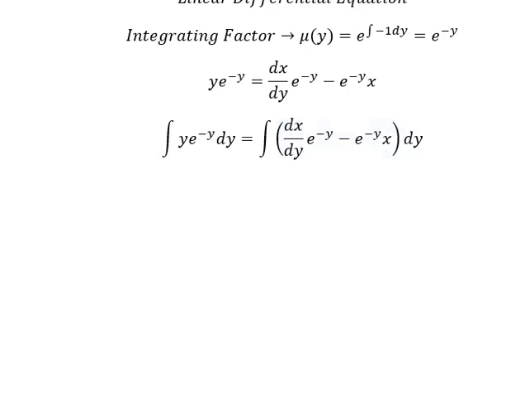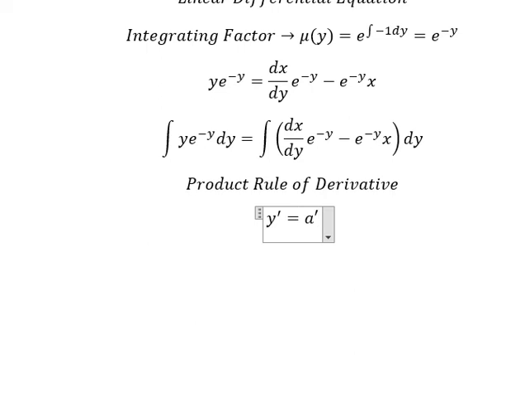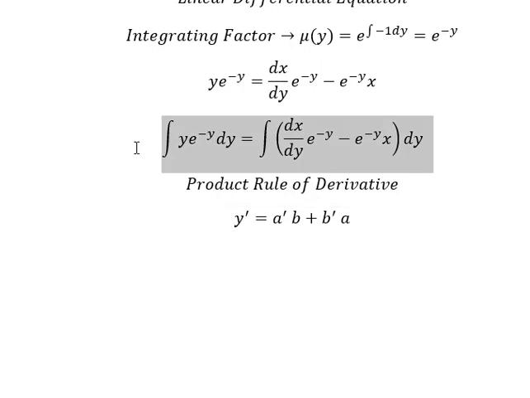So we can use about the product rule of the derivative. So we have first derivative of y equals to first derivative of a multiplied by b plus first derivative of b multiplied by a.